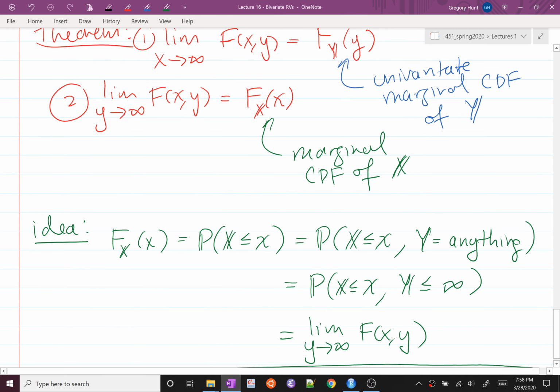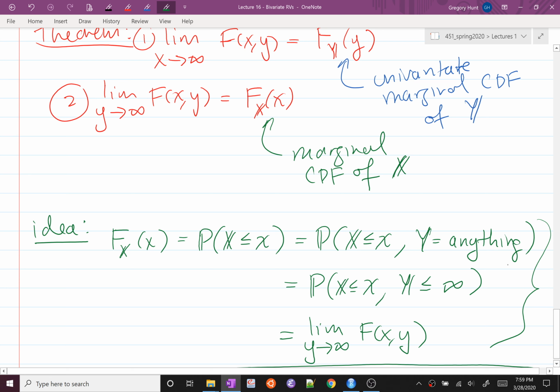So if we take the joint CDF and we run one of the parameters to infinity, we get the marginal CDF of the other one. And this is a cute little argument. You can think about why it's equivalent to write the probability that X is less than or equal to x as the probability that X is less than or equal to x and Y is anything.